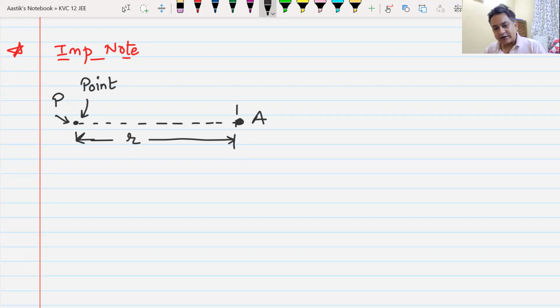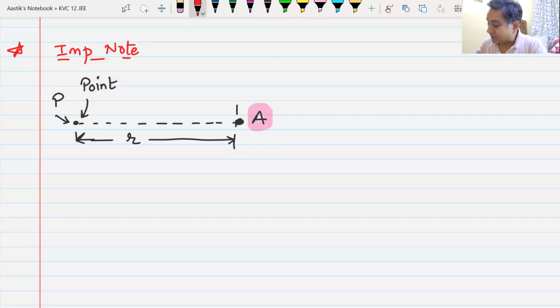Can you tell me what type of wavefront a point source emits? Spherical, sir. Spherical. Well done. It emits spherical because it emits in all directions. Now, if it is emitting a power P, what is the intensity? When I say intensity, I mean how much energy this point A is receiving per unit area per unit time.